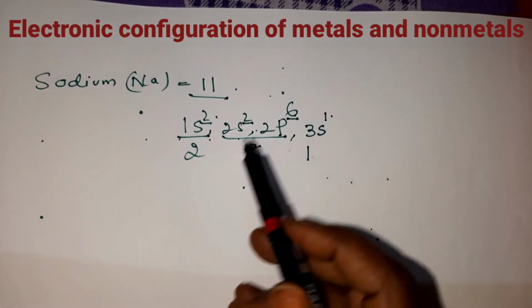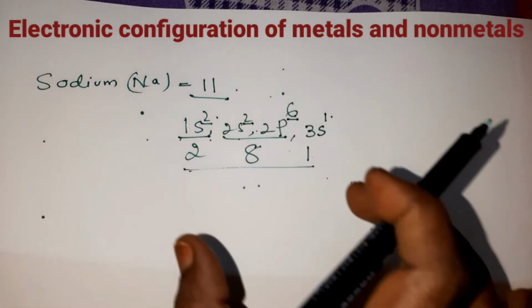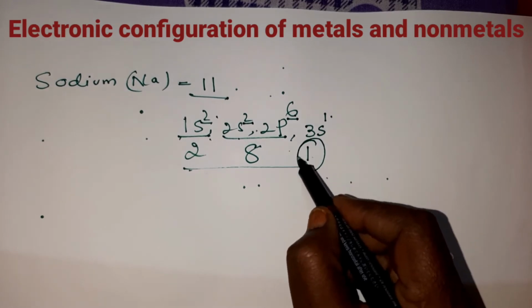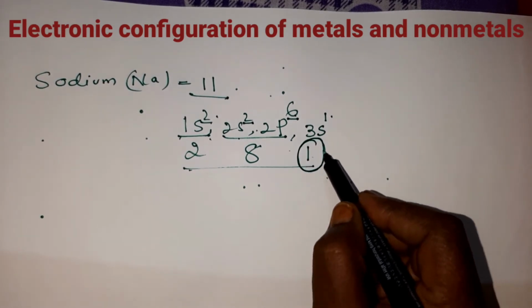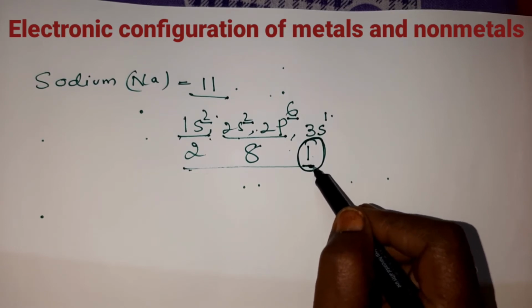So here is 1 electron; if you count, there are 11 electrons. Sodium is not a noble gas element because 1 extra electron is present in the valence shell or outermost shell. You understood, children?